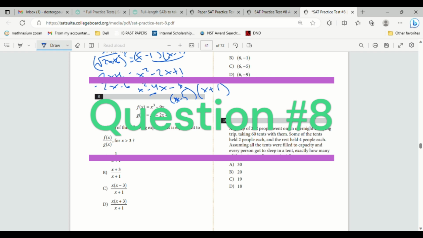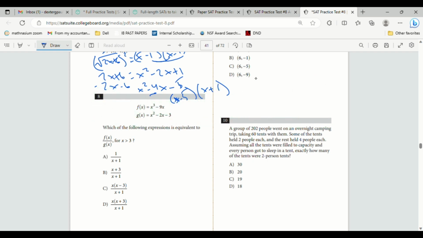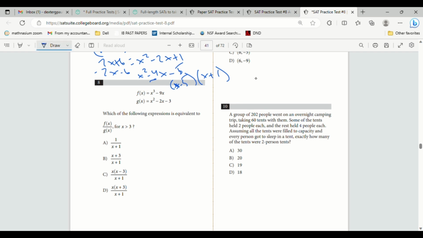Number 8, which of the following expressions is equivalent to f of x divided by g of x for x greater than 3? So we're going to do what they say, divide them. So x cubed minus 9x divided by x squared minus 2x minus 3. We can factor the top and bottom.